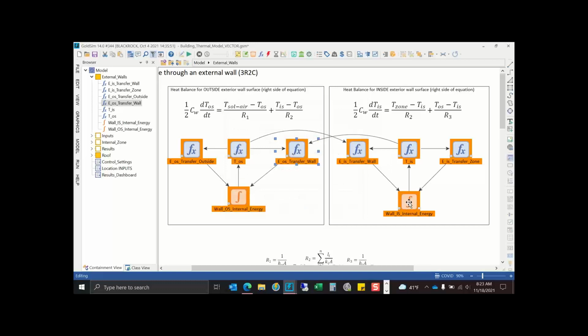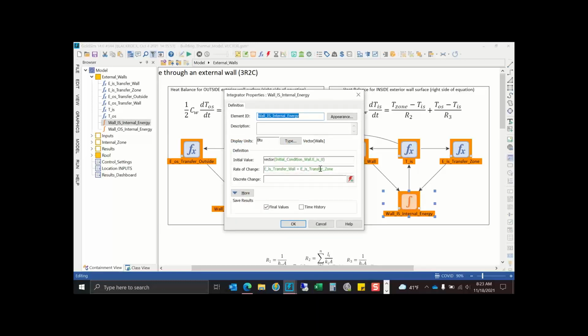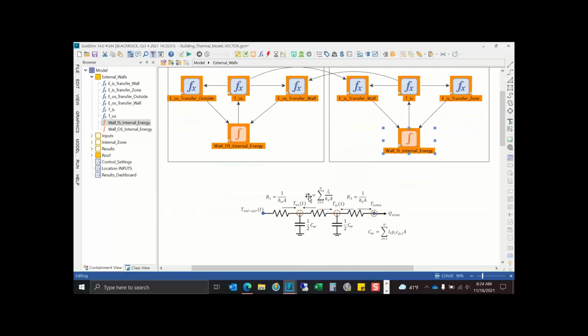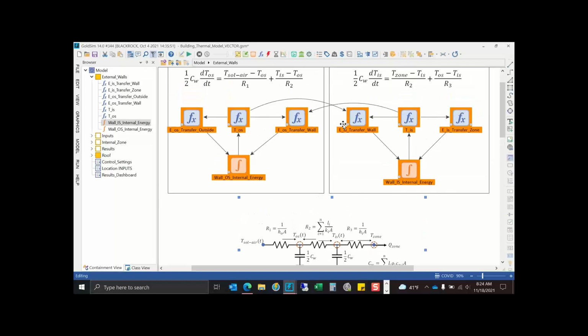And then this is the inside surface, and the energy interaction with the inside surface is the energy going to the outside wall and the energy going to the internal zone. So we see our resistance, we just perform our energy balance at each node.